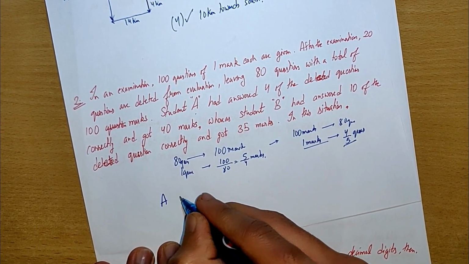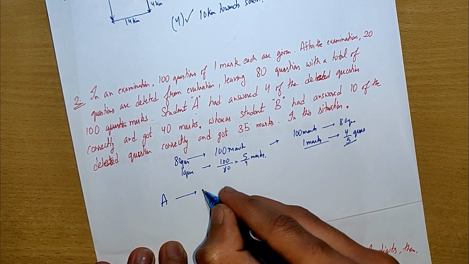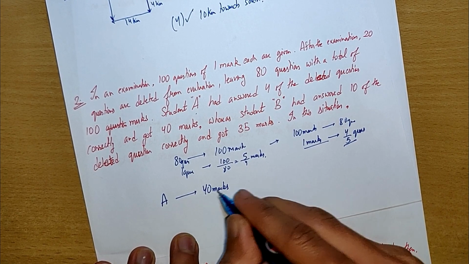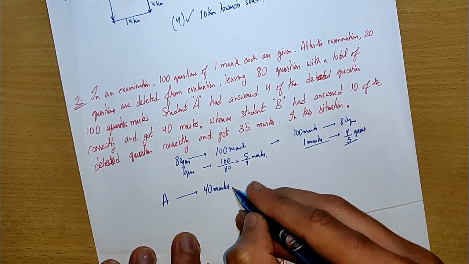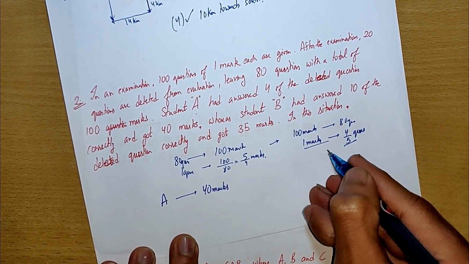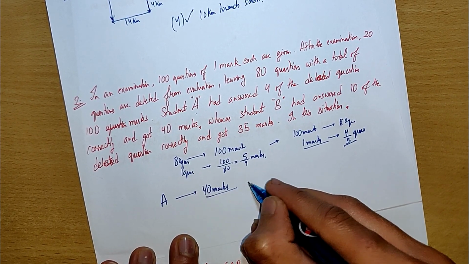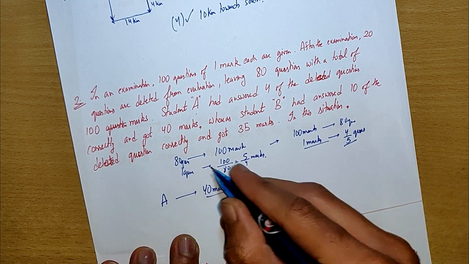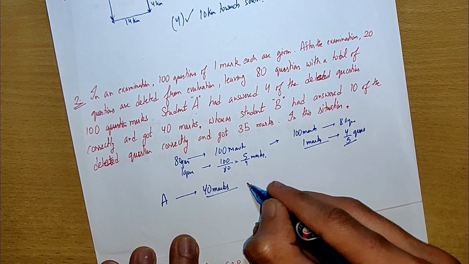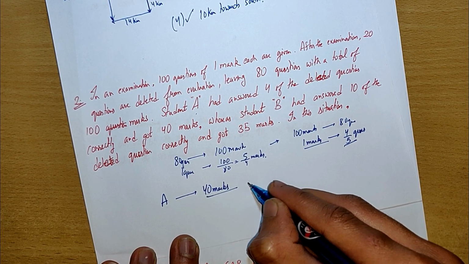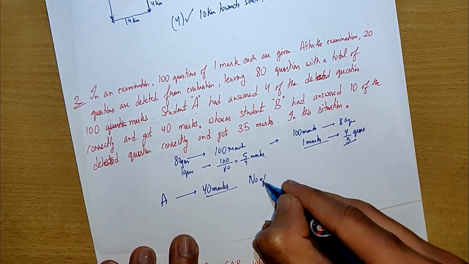So student A got 40 marks. So how many questions has he done correctly in the 80 questions? We can calculate.